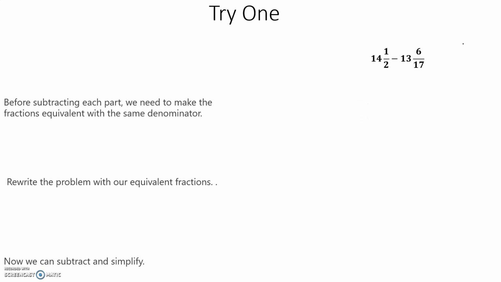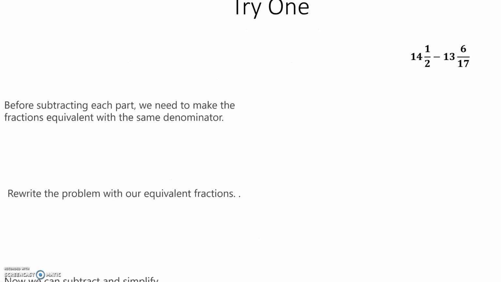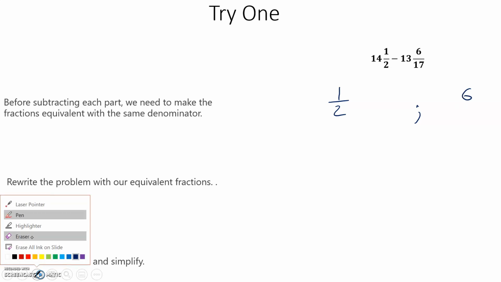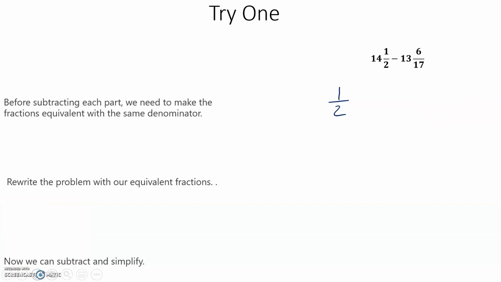So 1/2 and 6/17. All right, so I'm going to look at the bigger fraction, and I'm just going to keep finding my multiples until my other fraction has the same common multiple.